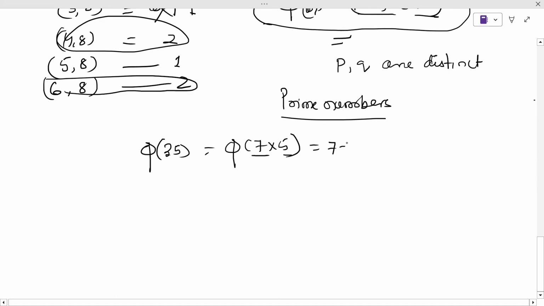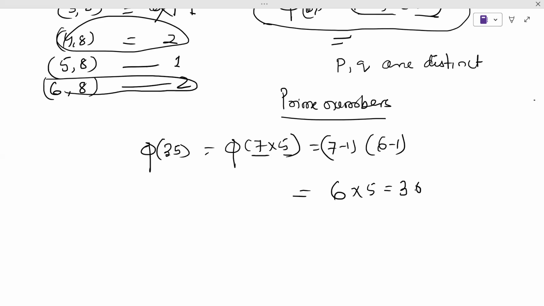So that is (7 minus 1) into (5 minus 1) by the formula, and that is 6 and that is 4, that is 24. That is, 24 numbers are there.